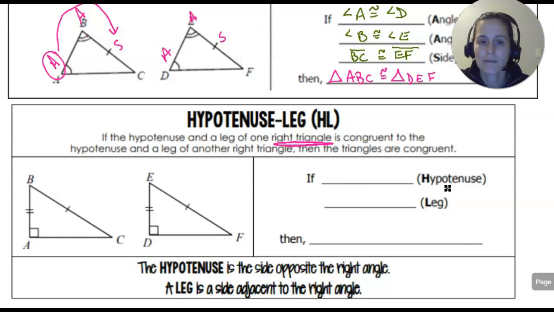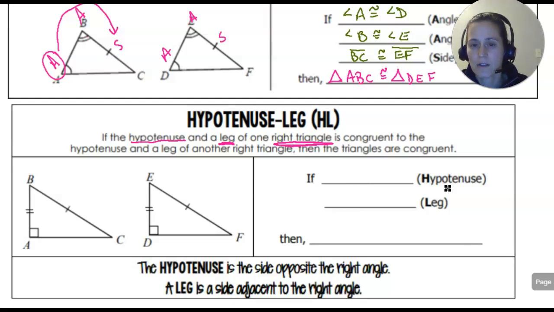Second, you have to have a hypotenuse congruent in one triangle to the hypotenuse in the other triangle. And then the third piece would be the legs. So you have 2 legs in a right triangle. You only need 1 pair of corresponding congruent legs to use the HL theorem.